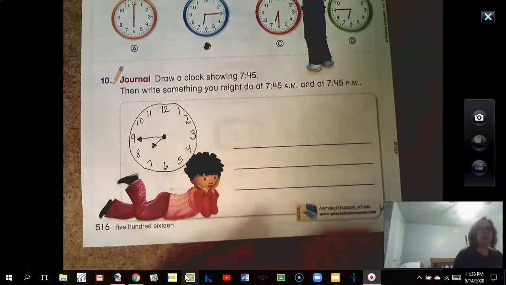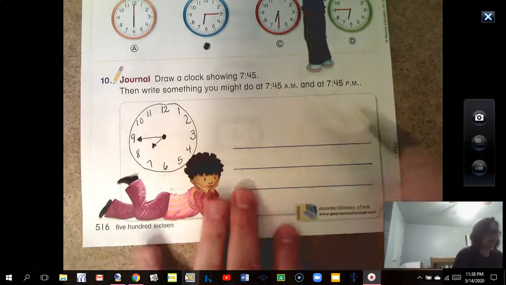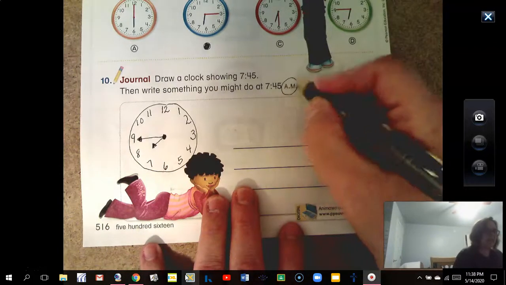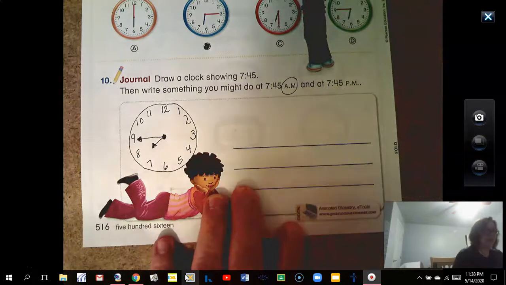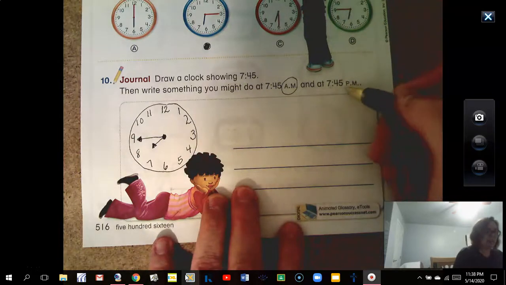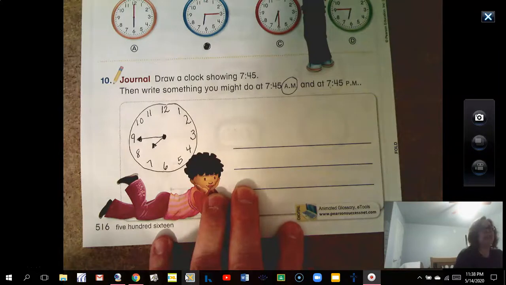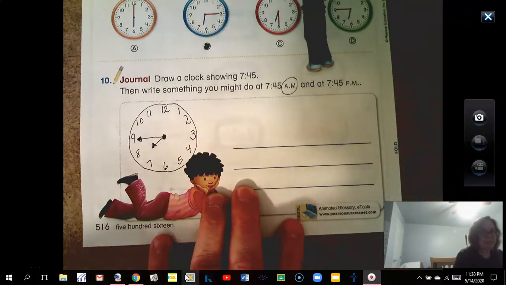So there's 7:45, and then it says write something you do at 7:45 a.m. That's in the morning before noon. And then this is 7:45 p.m. So that's after school and probably after dinner.